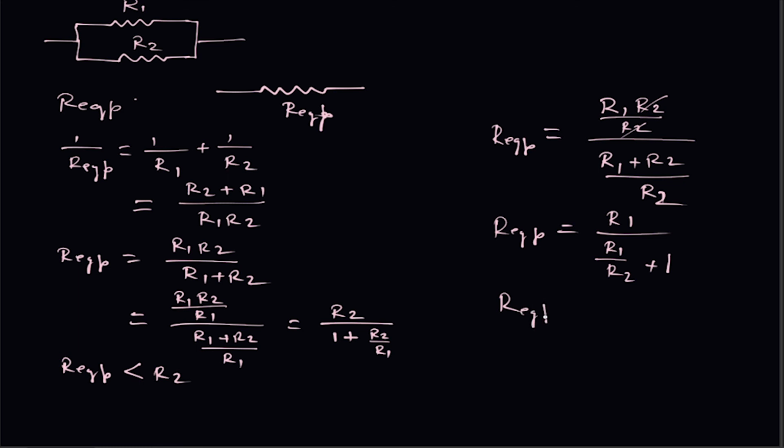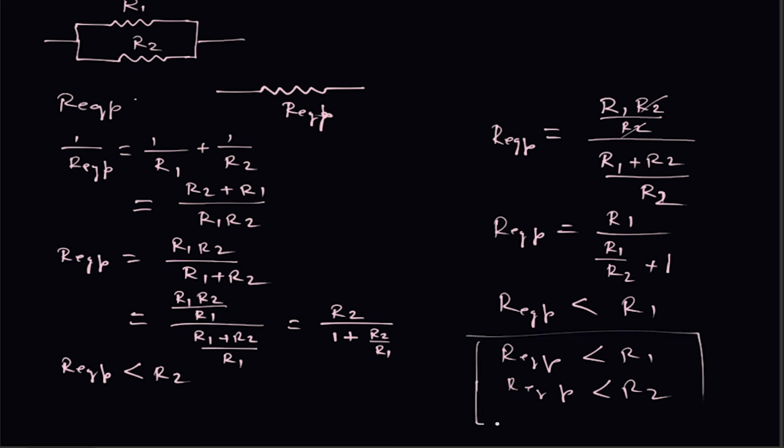So R EQP is less than R1. From this we can say that R equivalent P is both less than R1 and less than R2. So when we connect resistances in parallel, their equivalent resistance will be less than both the resistances.